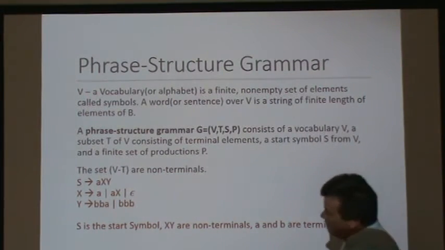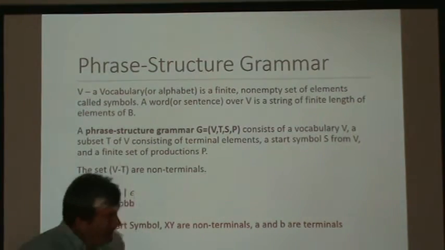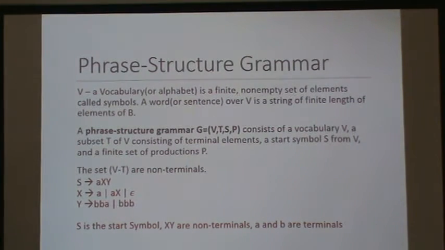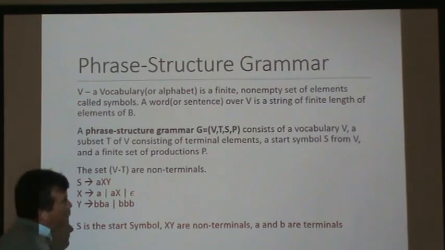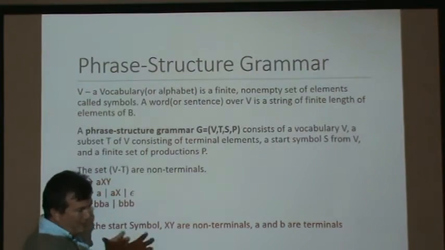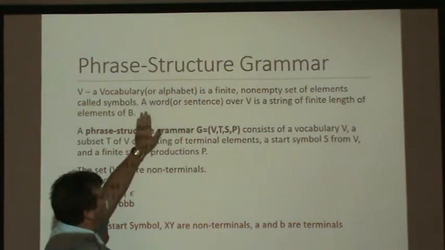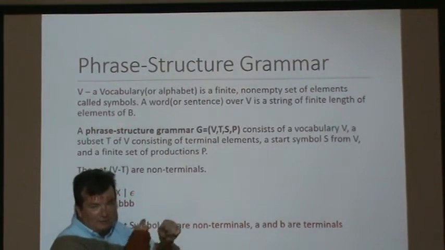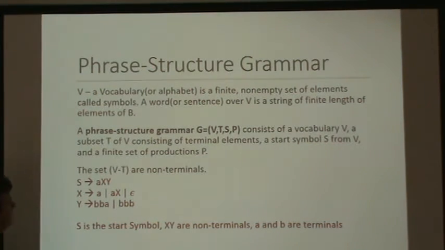Okay, so to write out rules for any particular language, we basically have a vocabulary. That could be a collection of words that you're going to arrange into sentences, or it could be an alphabet whose letters you're going to turn into words, like the two examples we've covered so far.